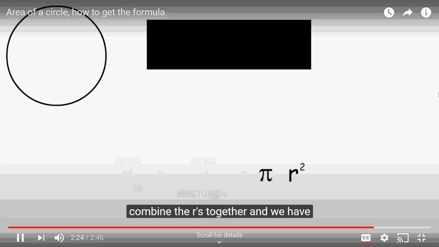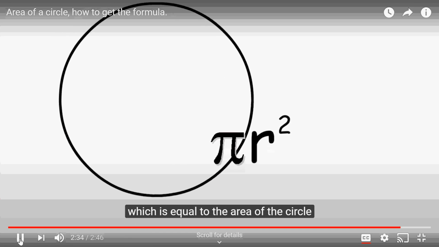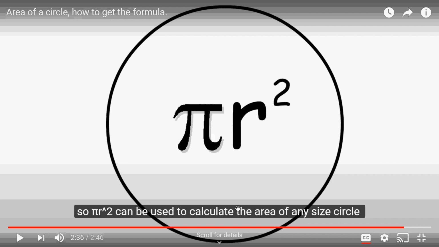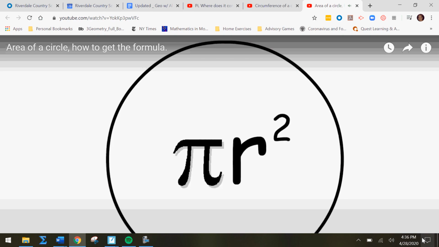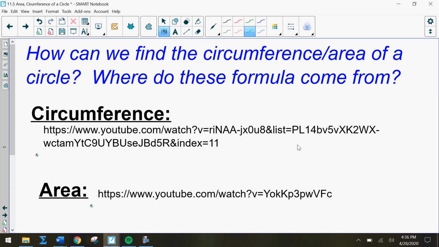Combine the r's together and we have pi r squared, which is equal to the area of the rectangle, which is equal to the area of the circle. So notice how they were using the area of a rectangle to help formulate the area of a circle. So that's a nice visual proof that you can look at.